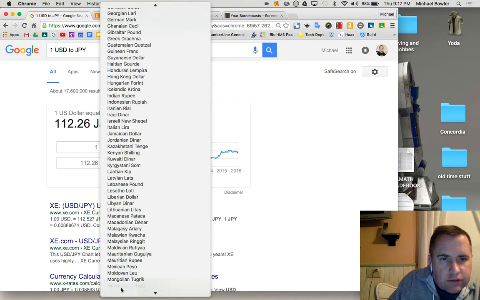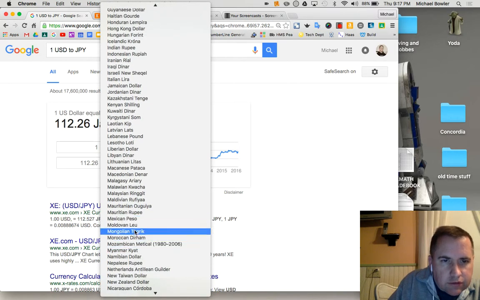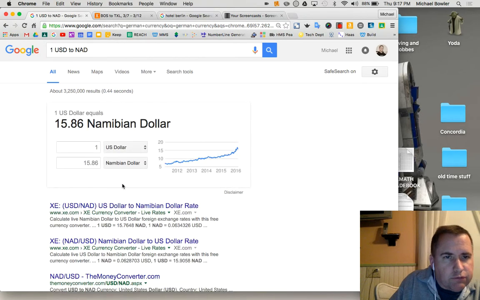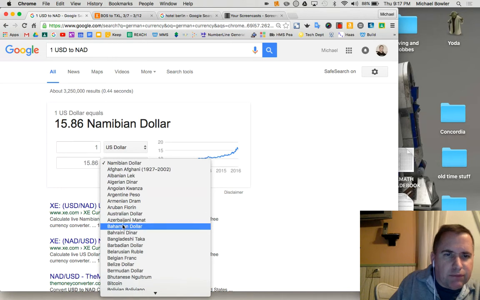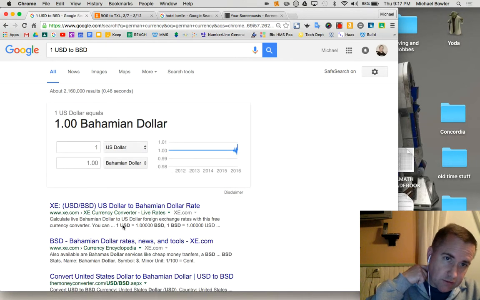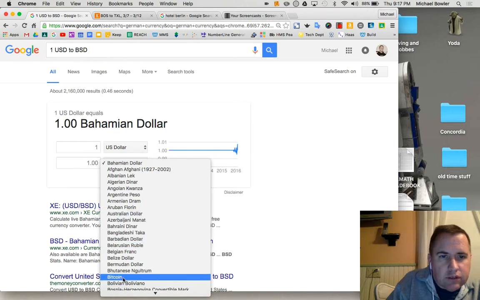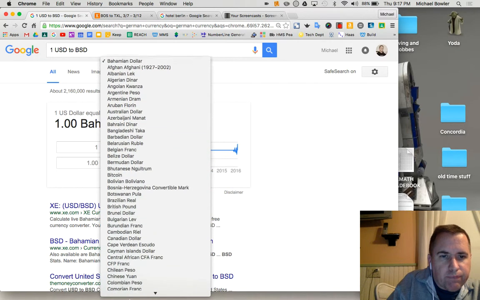Sometimes you find others. Let's see. The Namibian dollar. Not too bad. And sometimes you find some currencies where $1 gets you a whole lot of this other currency. Doesn't mean anything. The Bahamian dollar is exactly the same, it's $1.